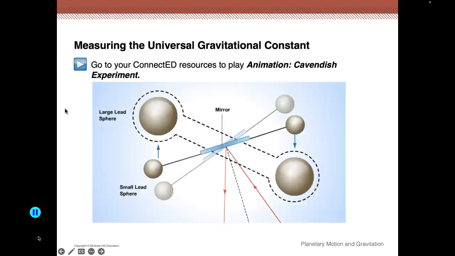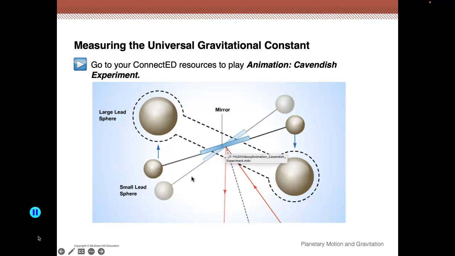And then the last thing is what's called the Cavendish experiment. Okay, in the Cavendish experiment, they used lead spheres and a mirror, small and large ones. I'm just going to explain the Cavendish experiment rather than showing the video, because the sound isn't very good in it.